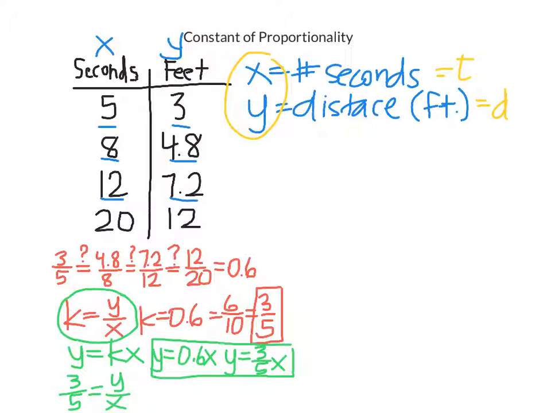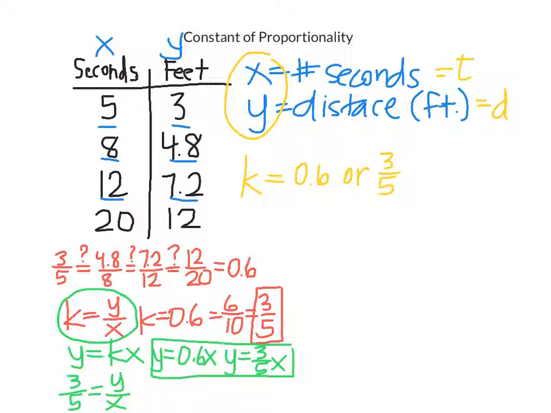I don't know. Something else that you might be asked is to explain what the constant of proportionality means in this situation. So again, whether we're doing 0.6 or whether we're doing 3:5, you choose which one it is and explain it.